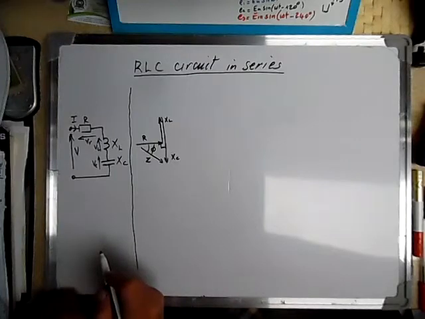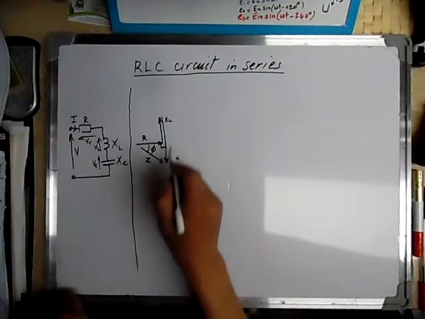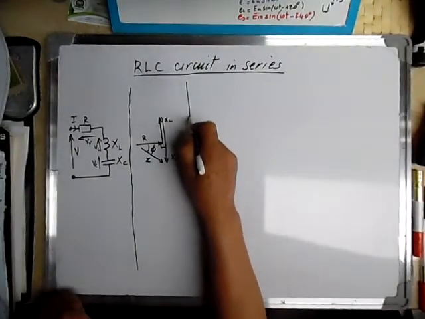And remember, we measure this angle from the current to the voltage. And if we are anti-clockwise, it's negative. And if it's clockwise, it's positive. Okay, so what can we write here?